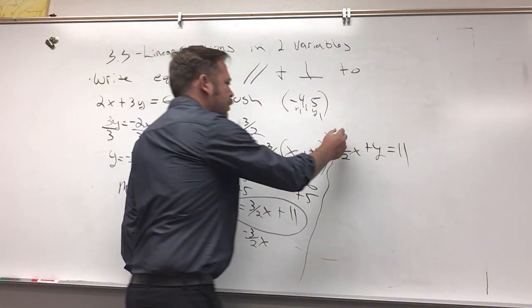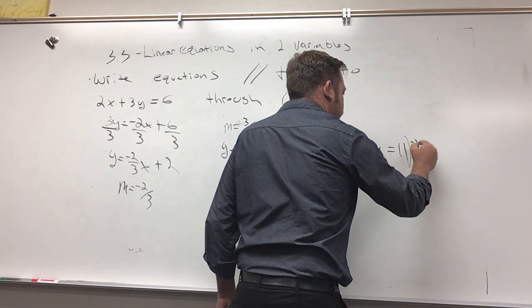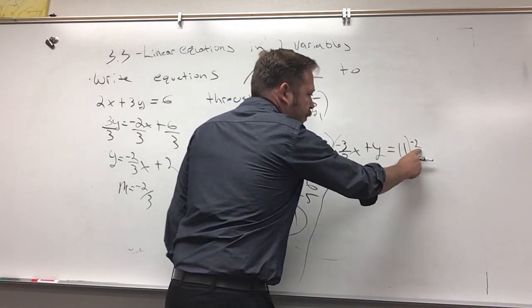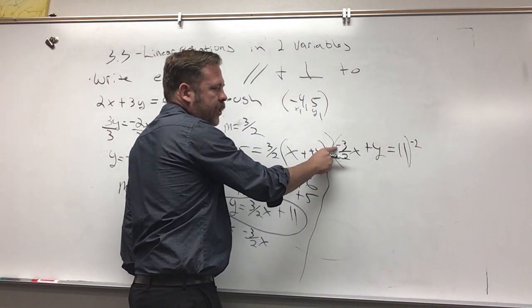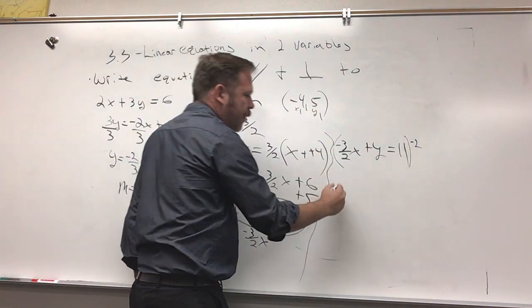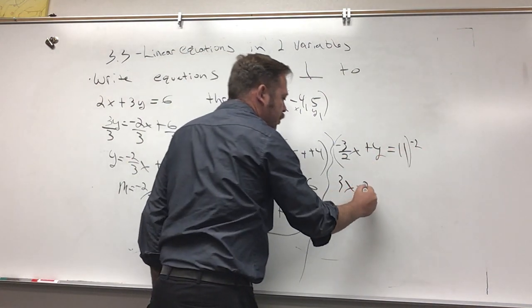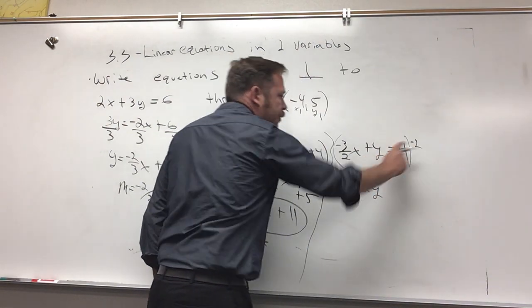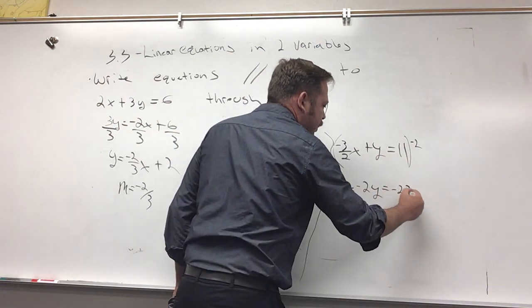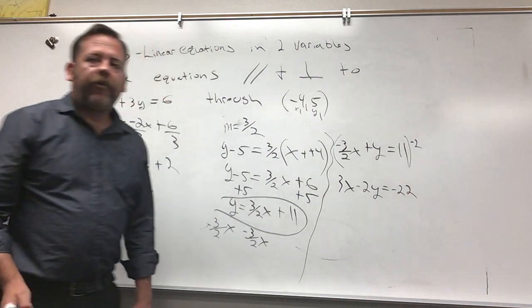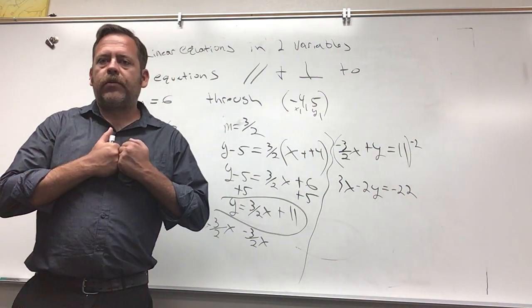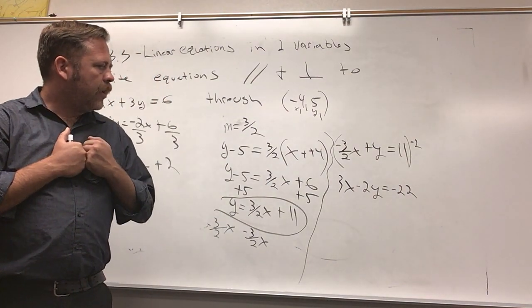How about times negative 2? So negative 2 times negative 3/2 is positive 3x. Negative 2 times y would be negative 2y. And then negative 2 times 11 would be negative 22. Okay. Wow, that was a great problem. Standard form.